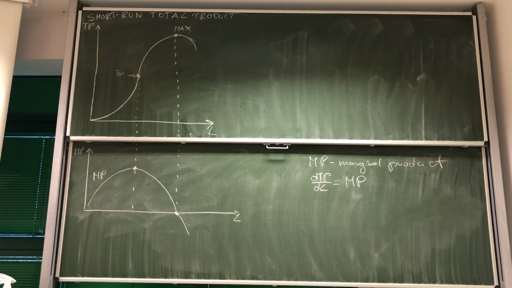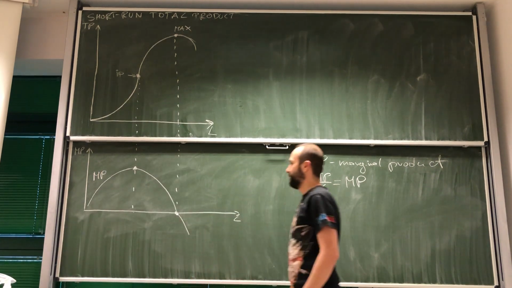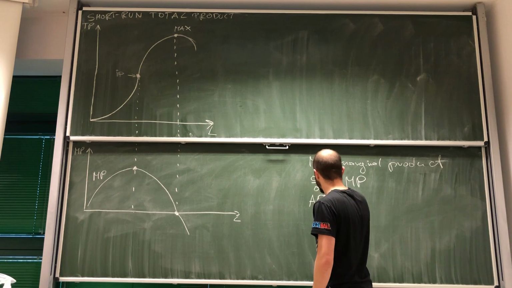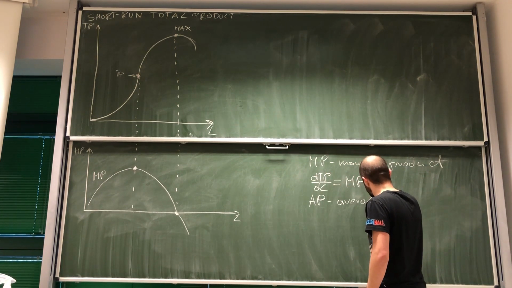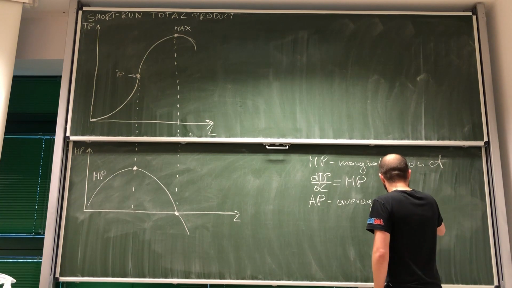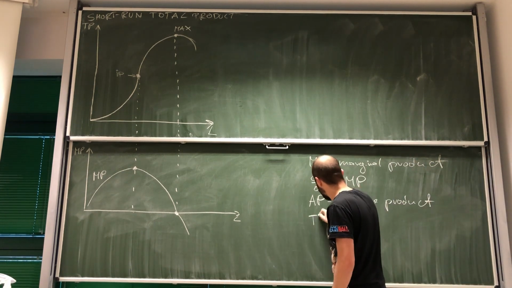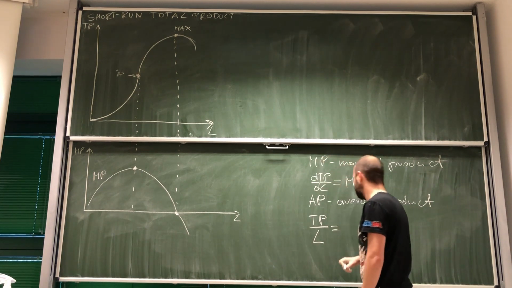Now, another thing that we can calculate over here is average product. Average product is the total level of production in the company per one worker.